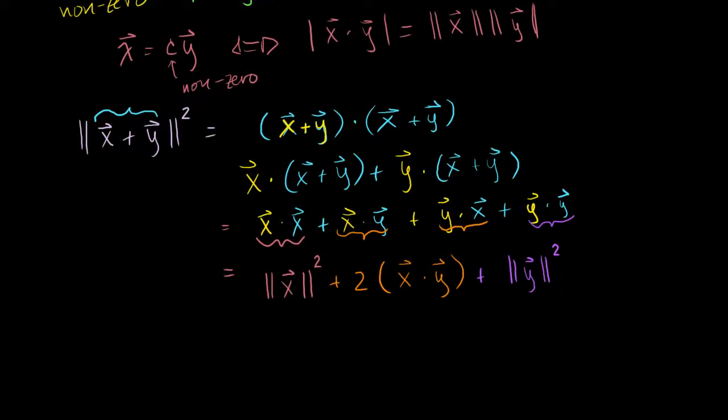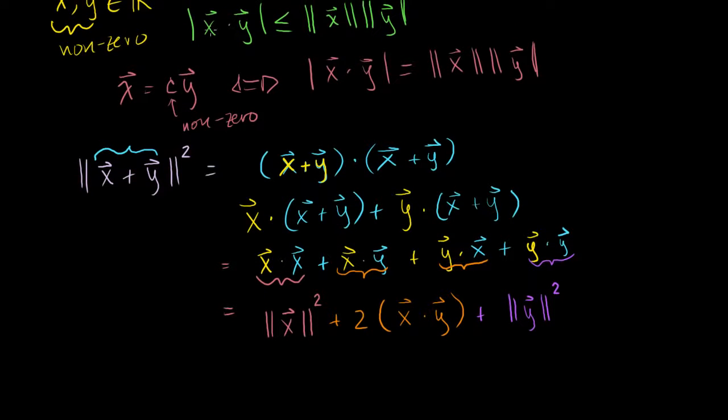Now, let's see if we can break out our Cauchy-Schwarz inequality. Or maybe Schwarz, I don't know if I'm pronouncing it right. But x dot y, we know that x dot y has to be less than or equal to the absolute value of x dot y.